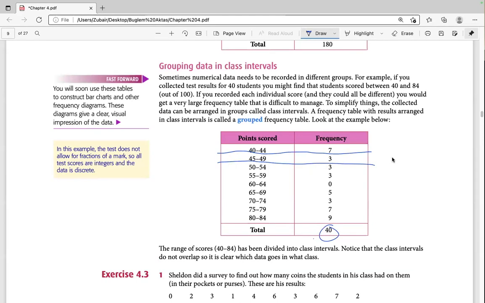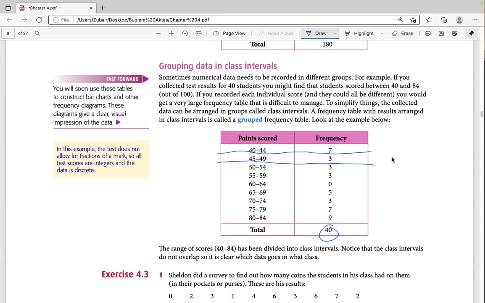If we are having an assembly and the principal is asking the students to raise their hand if they scored more than 90 in an exam, you see like 9 hands. But you cannot tell if they were at 91, 92, 93, 94.